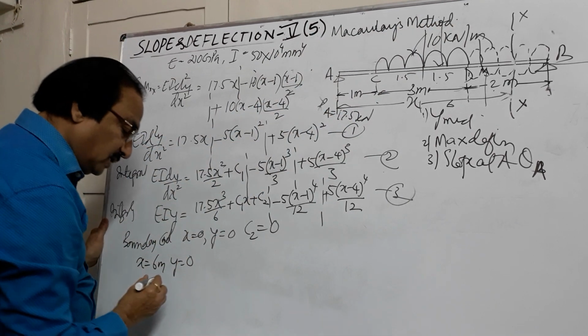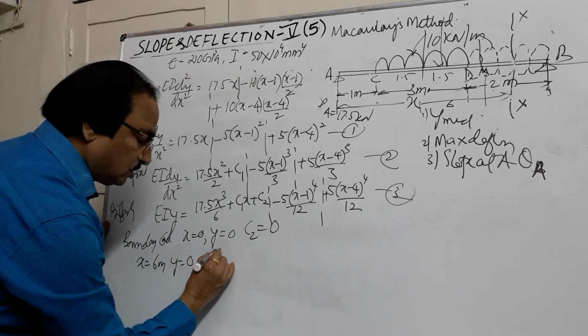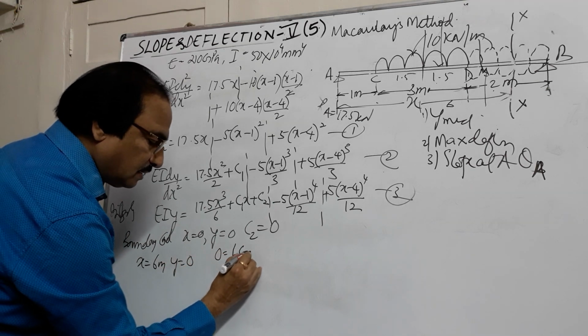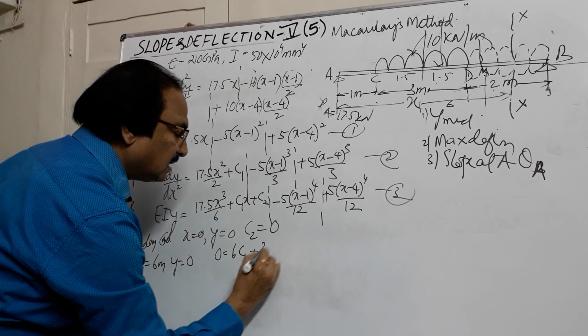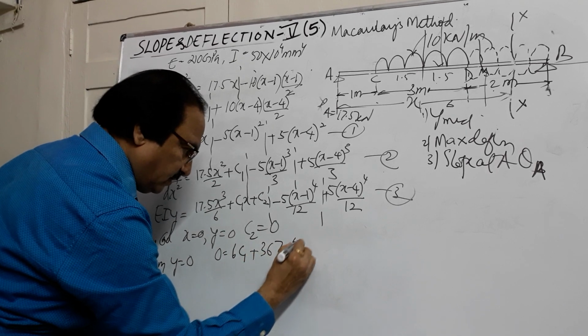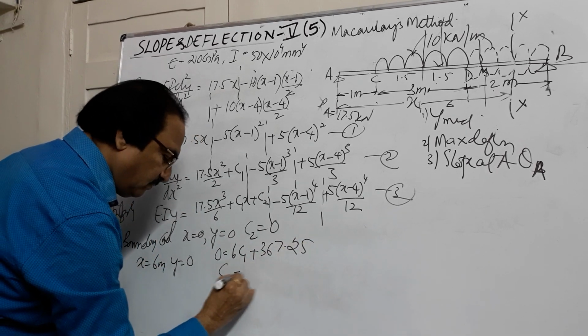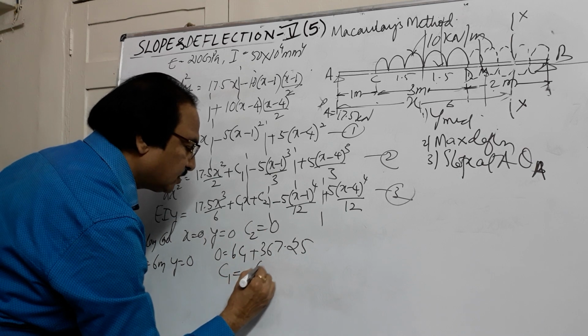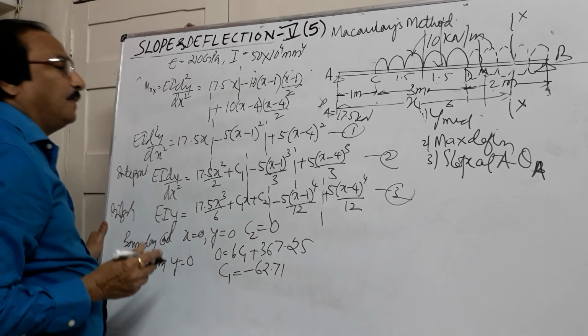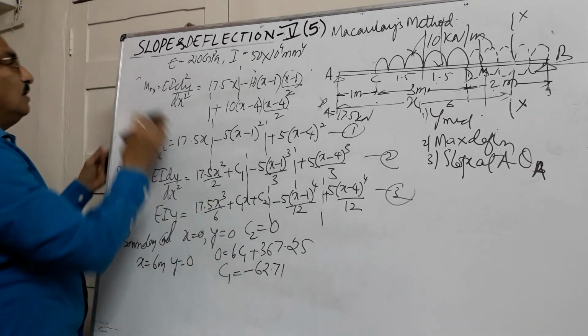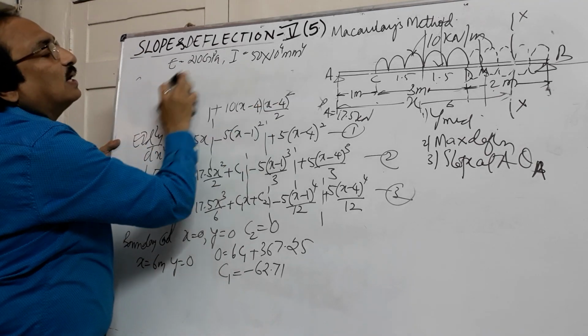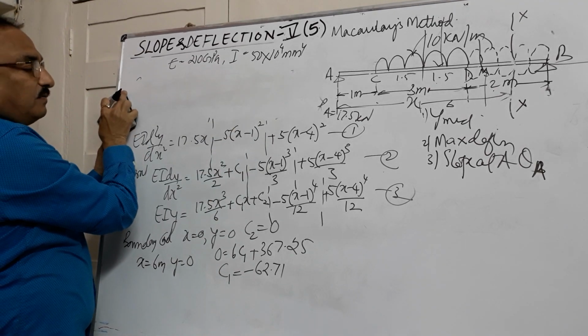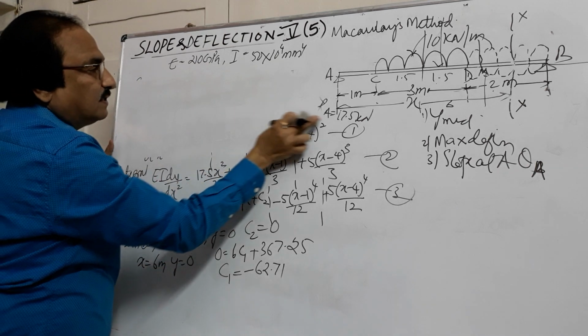If you substitute this in the equation, 0 is equal to 6C1 plus 367.25. So you get C1 equal to minus 62.71. Once you get these values, you can write the general slope equation and general deflection equation.